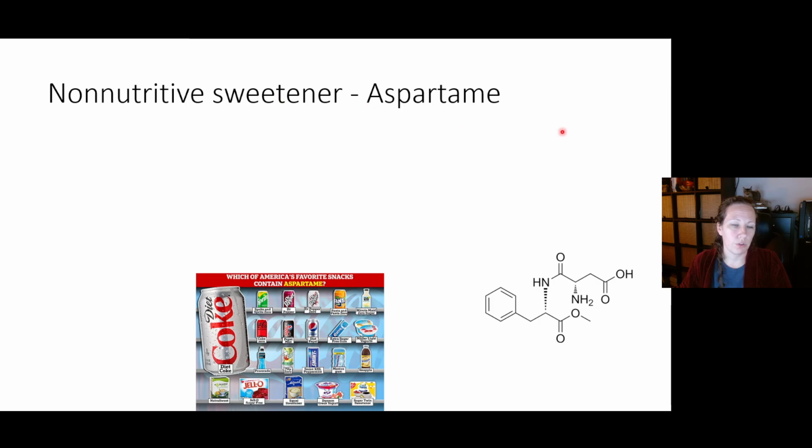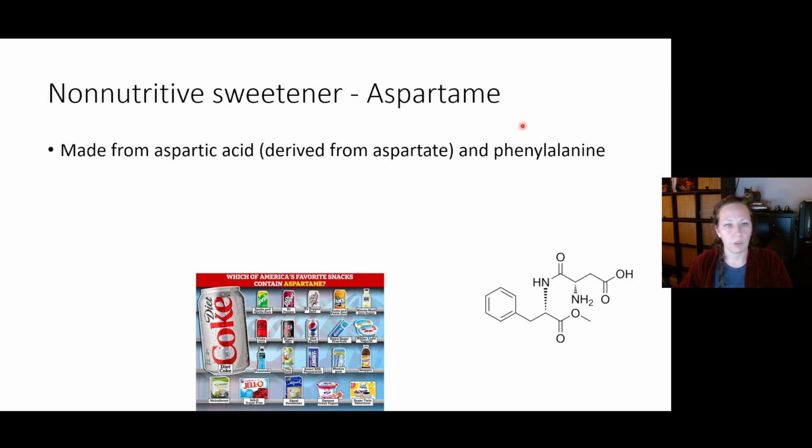The second non-nutritive sweetener that we have is aspartame. This is actually made from 2 amino acids, aspartic acid, which we learned as aspartate in our amino acid chapter, and phenylalanine. This is phenylalanine, and this is aspartate. I do want to side note here.